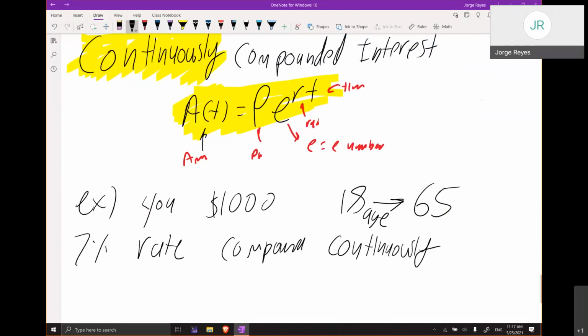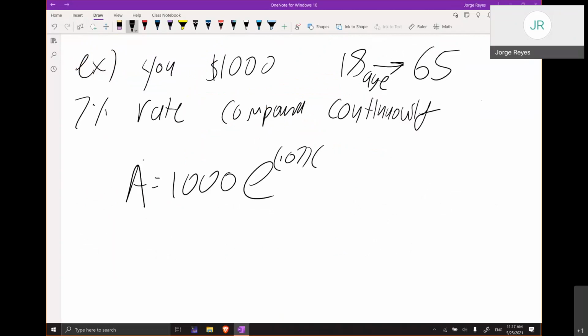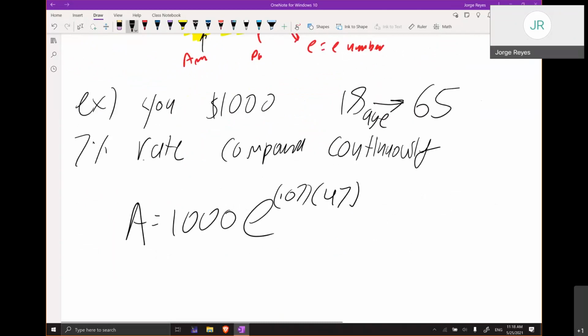All right, what happens? So now we're going to use this formula. So 1,000 e to the 0.07 times 47. Okay. And remember, it's 47 because that's how long we're waiting.